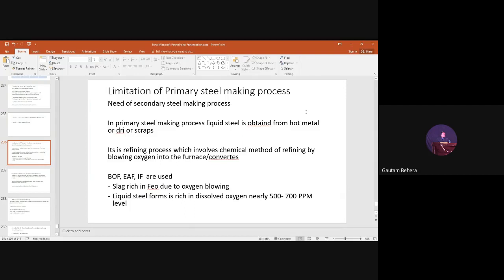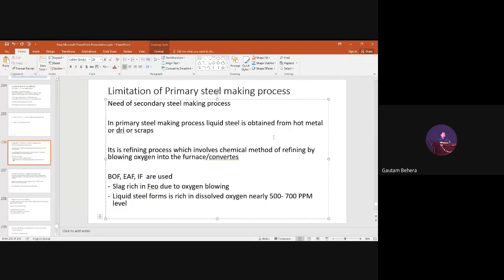And this primary steel making process, as you know, is carried out by blowing oxygen. When oxygen is blown, chemical reactions start. What kind of chemical reactions?